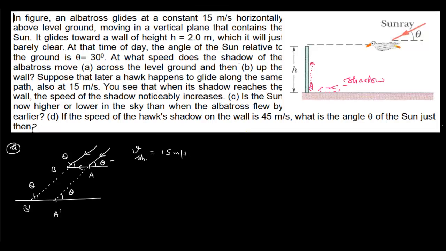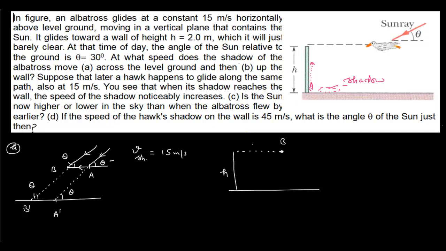Now, in order to answer the second part, where we have to find the speed of the shadow up the wall, consider that this is the wall, of height h, clear, and this is the bird.